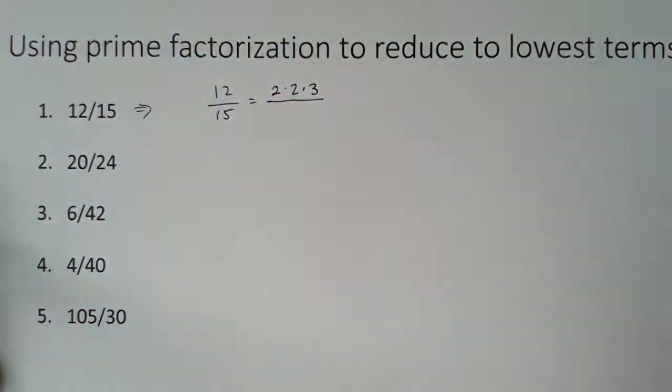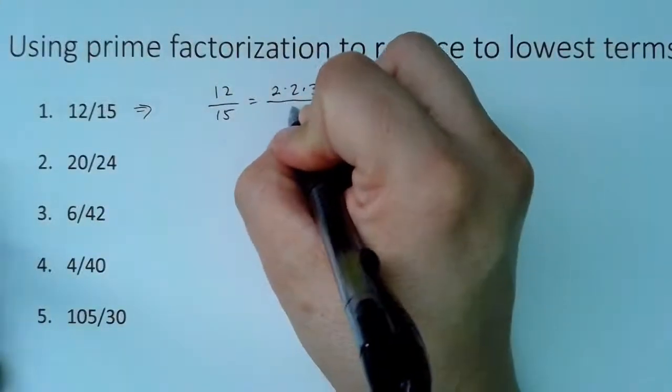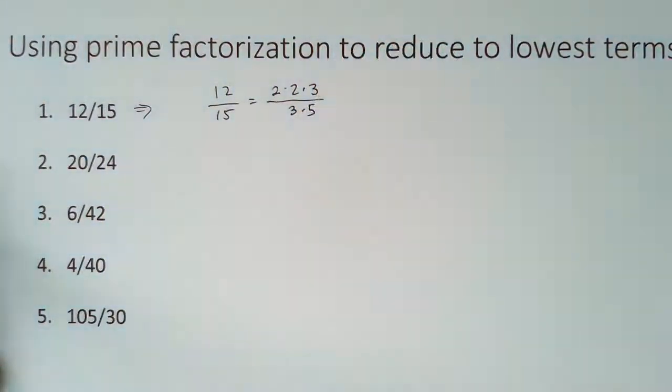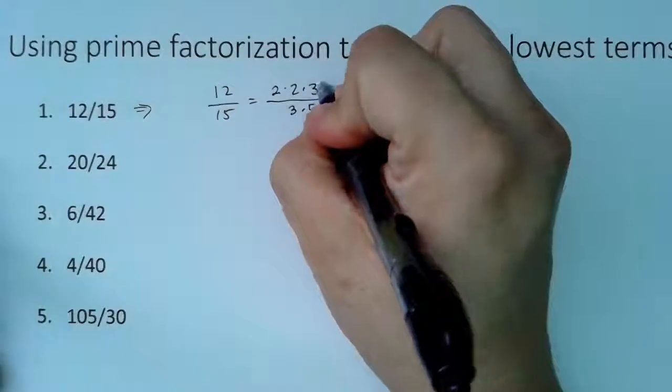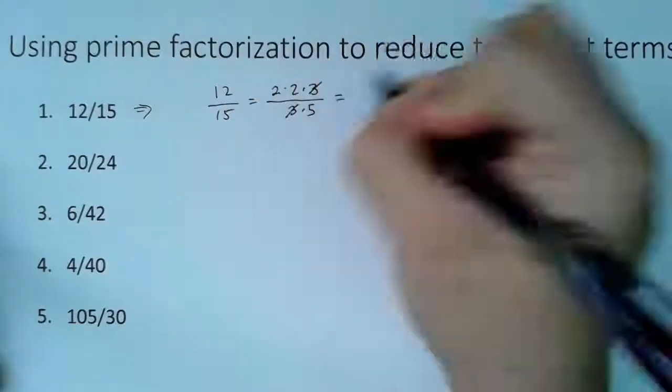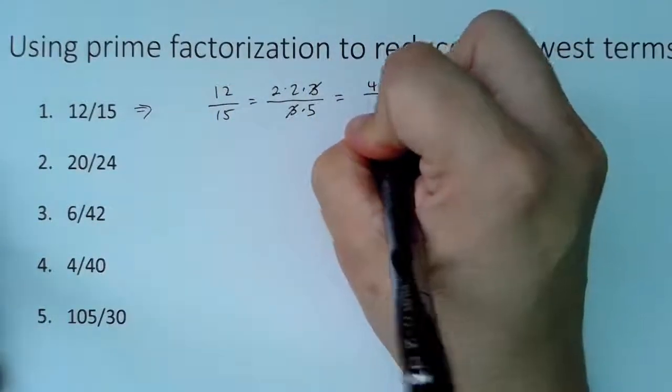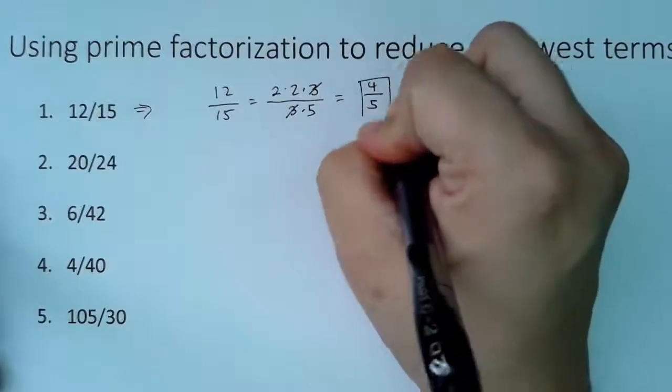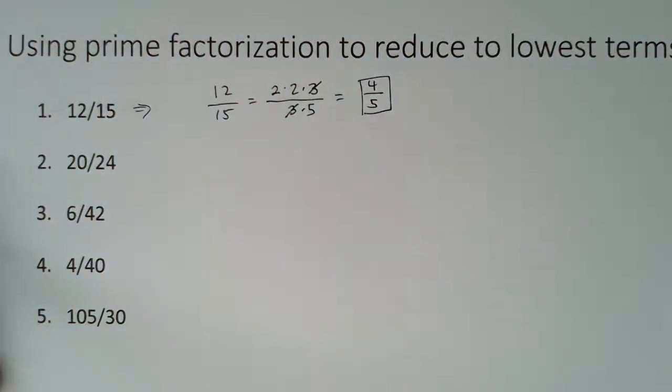And then 15 is just 3 times 5, right? So notice that the 3's will cancel out, and you get 2 times 2 on the top, which is 4, and then 5 on the bottom, 4/5. It's a lot easier to use prime factorization.